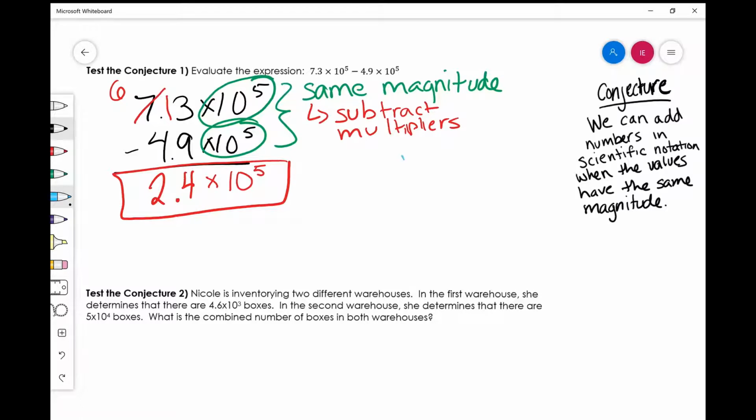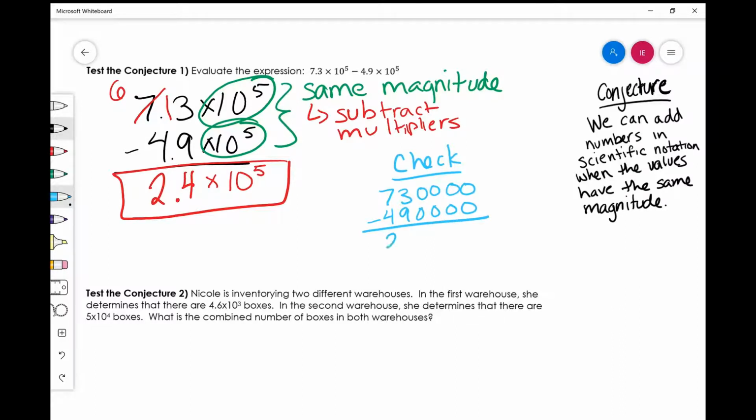If I wanted to check my work and make sure that my answer is correct, I can quickly expand my numbers. So 7.3 times 10 to the 5th is going to be 730,000 minus 490,000.